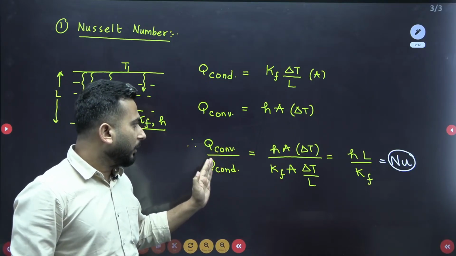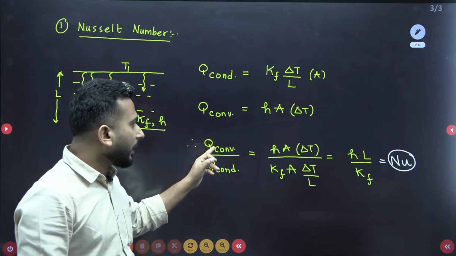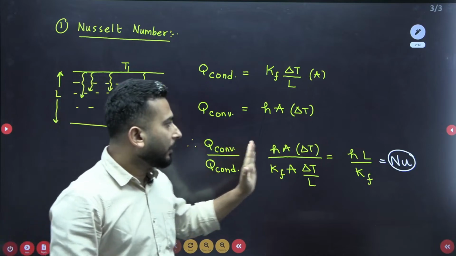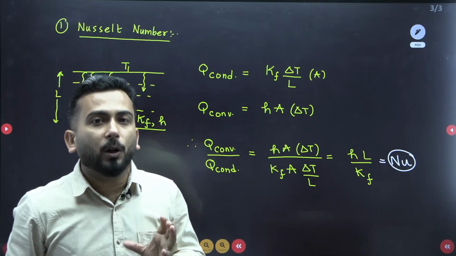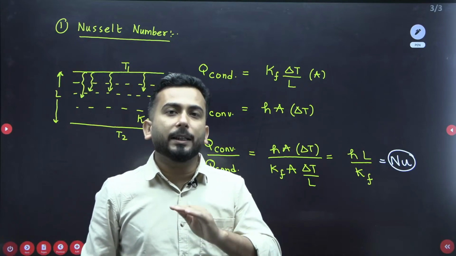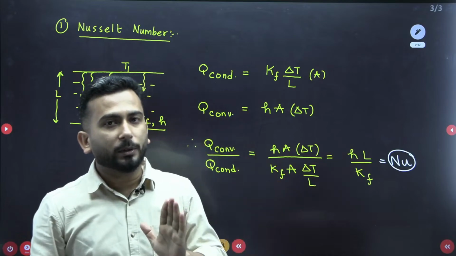So how many times the heat transfer has got enhanced due to convection over conduction, this is given by Nusselt number. And obviously one thing is clear, that if we want the heat transfer to take place at a faster rate, Nusselt number should be high.